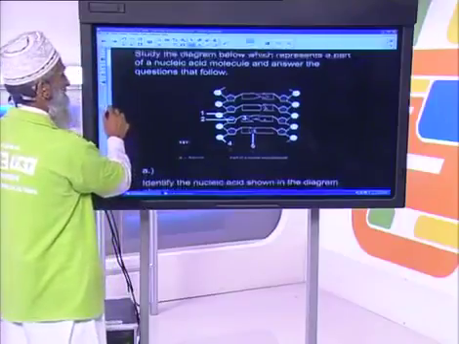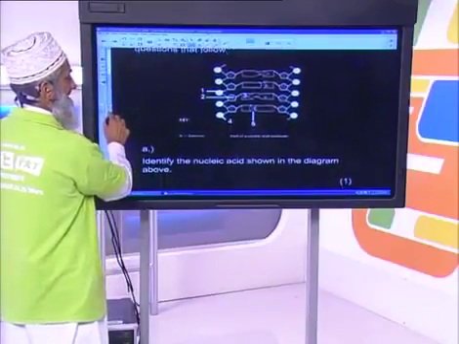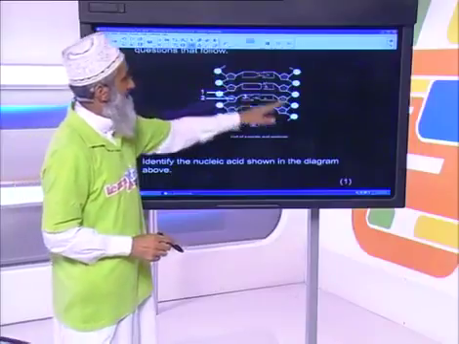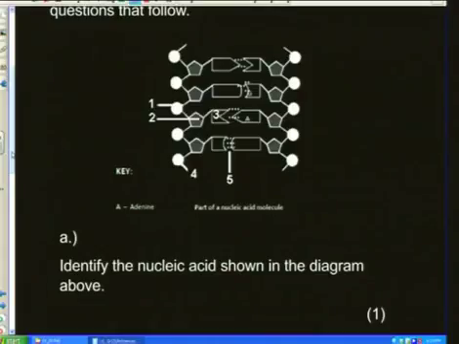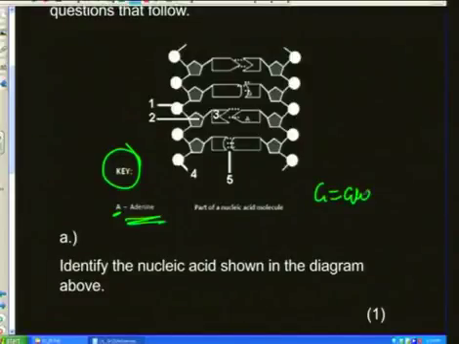Right. So they're giving you a diagram, and they give numbers there, and they give you a key as well. The key says A is adenine, and obviously G is guanine.